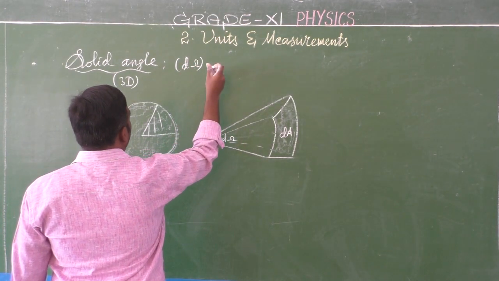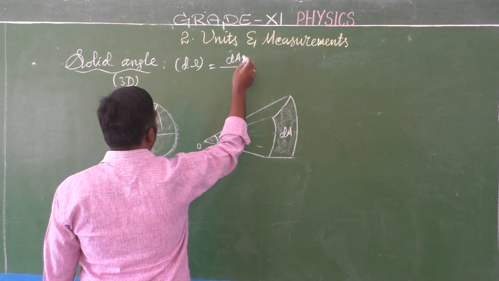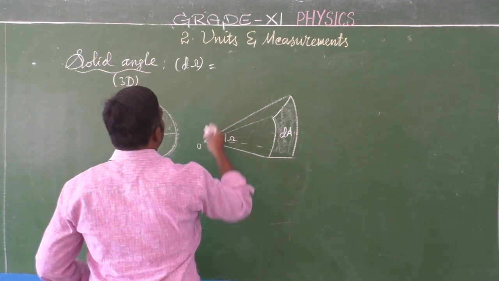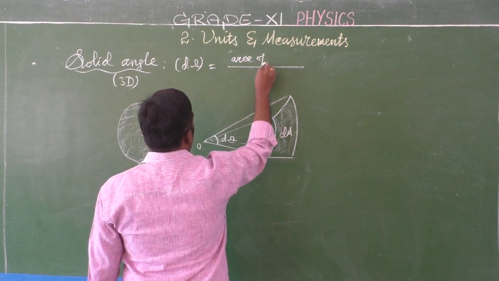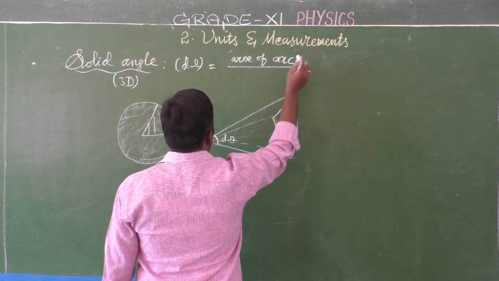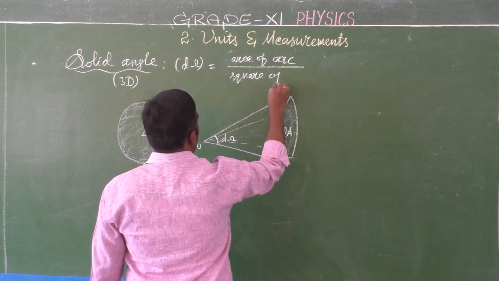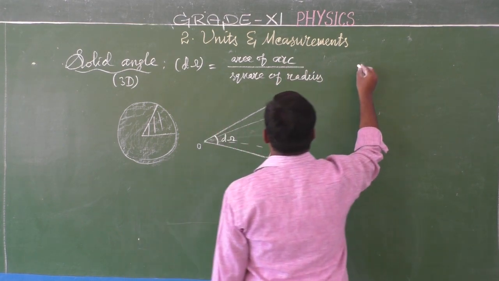d omega is the ratio between this area of the arc to the square of the radius. What is the area of the arc?